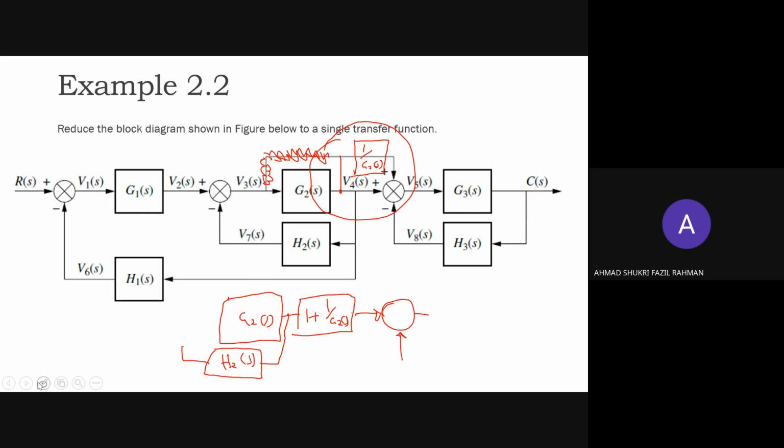Okay, we can check again. We try to check first. Okay, 1 over G2. So you can see from here, when we shift this pickoff point to the front of G2, it will be here. So we have 2 pickoff points here. This one goes here, and this one goes to the bottom here.